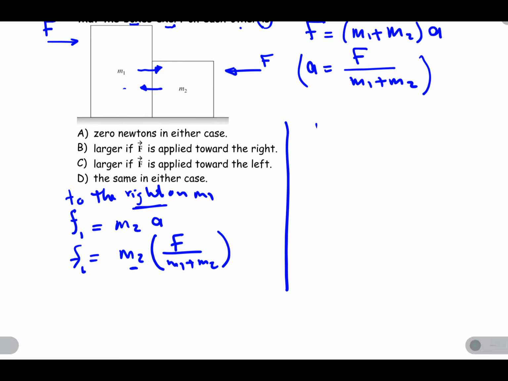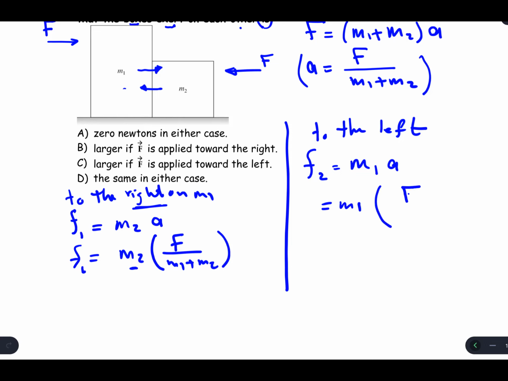Let's try to the left. So the force we call F2, from mass 2 on mass 1, equals M1 times A, so M1 times F over M1 plus M2.